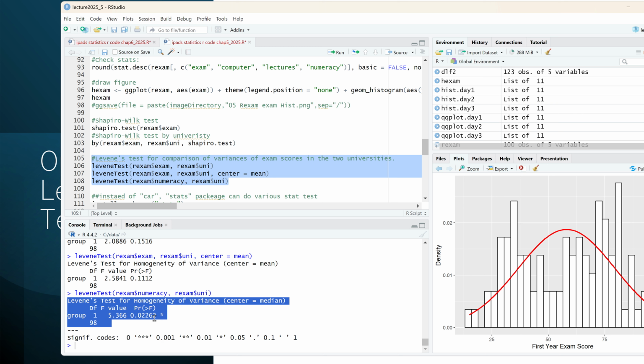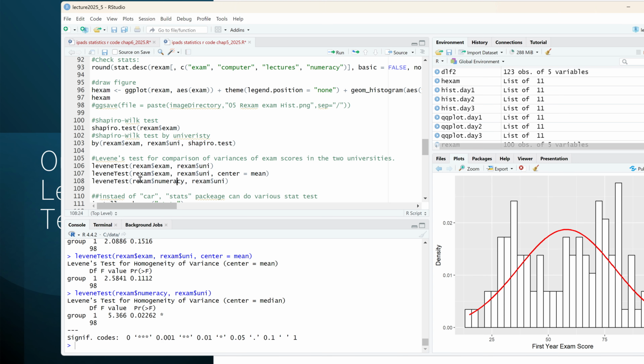This is the Levene's test result, the homogeneity of variance test, and in this case, for numeracy by unit, there is a significant difference, so it's not equal variance.